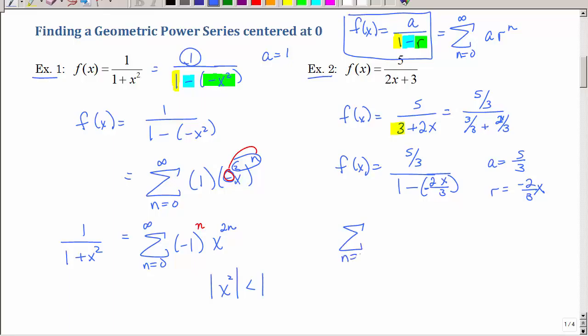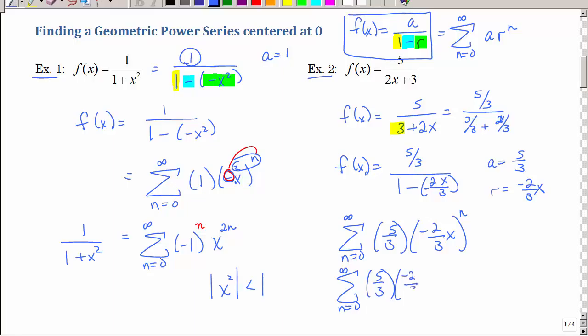So my series shall be a times r to the nth power. Again, you could leave your answer like that, or we could do some rearranging. Again, taking out maybe all of these constants. So how about, let's do this. N equals 0 to infinity of 5/3.